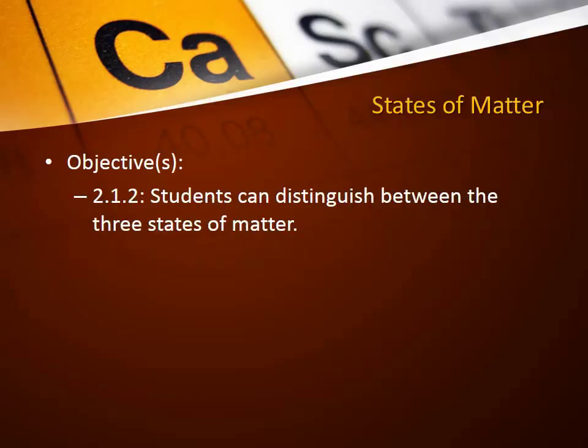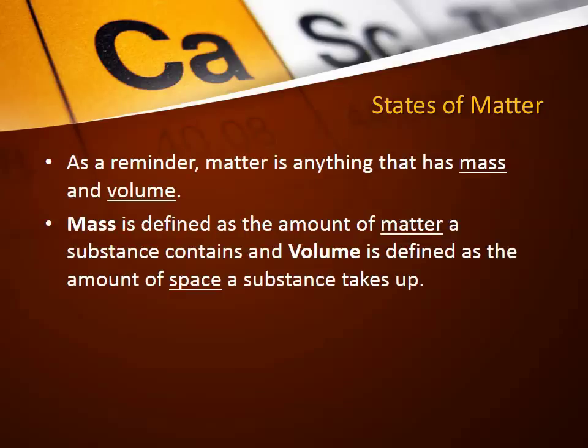Our objective for this is that students can distinguish between the three states of matter, which is kind of why this section is called States of Matter. So as a reminder, matter is anything that has mass and volume. Now, mass is defined as the amount of matter a substance contains, and volume is defined as the amount of space a substance takes up.